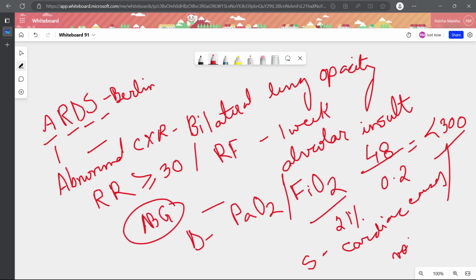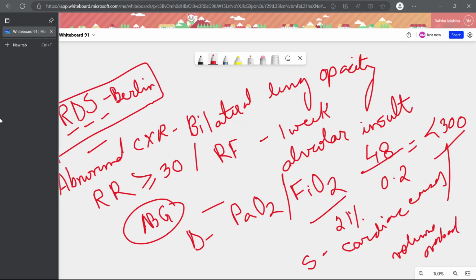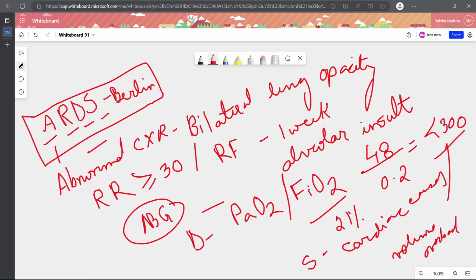So if these four criteria are met, then you can easily say that the person has ARDS. That means acute respiratory distress syndrome.